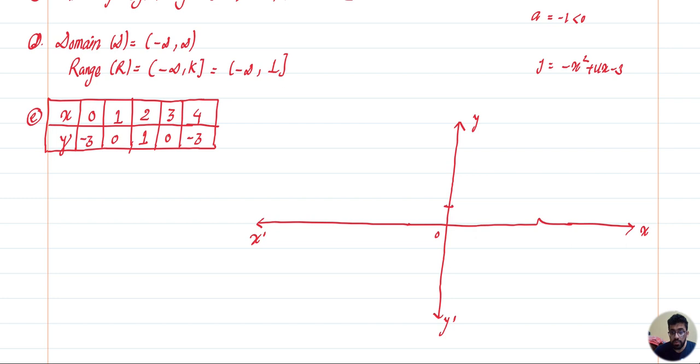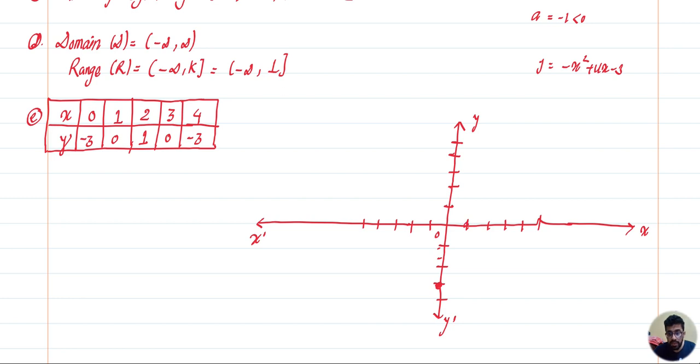So get the points 1, 2, 3, 4, 5. The first point is 0 comma minus 3, and we have the 0 comma minus 3 here.